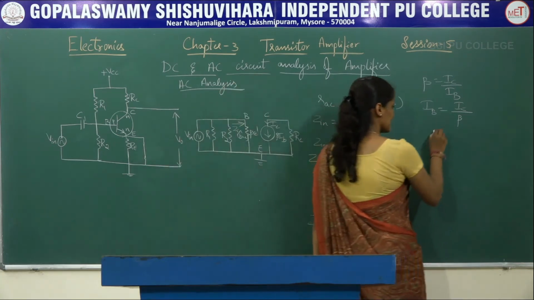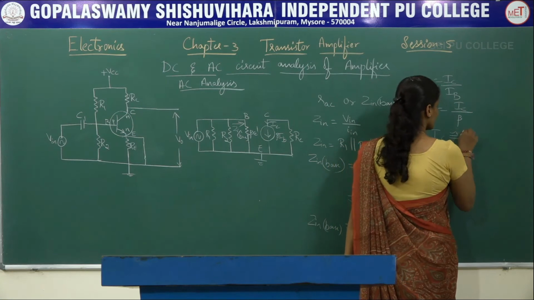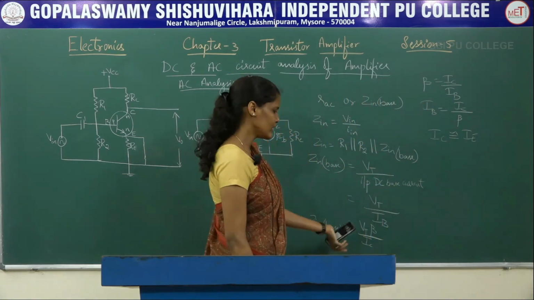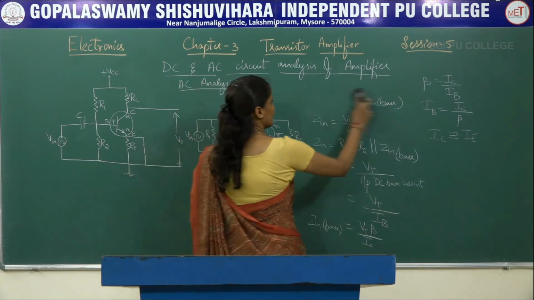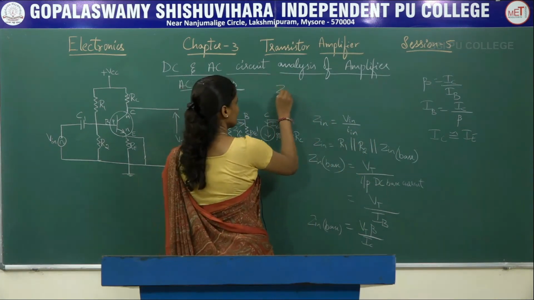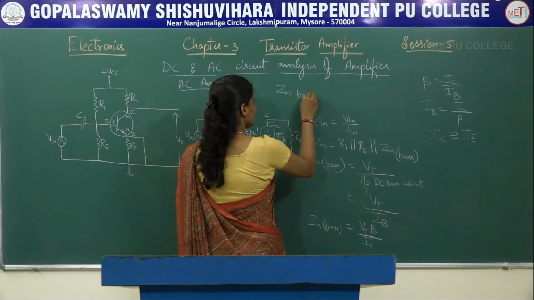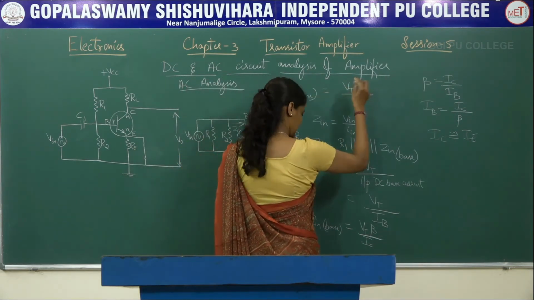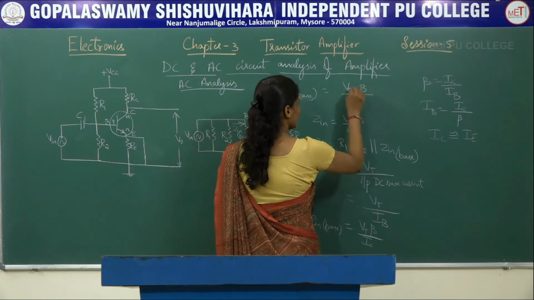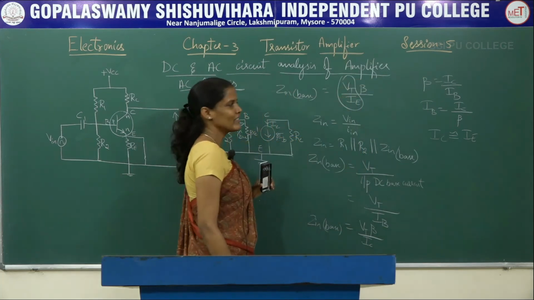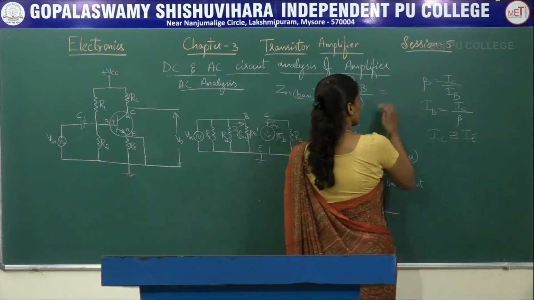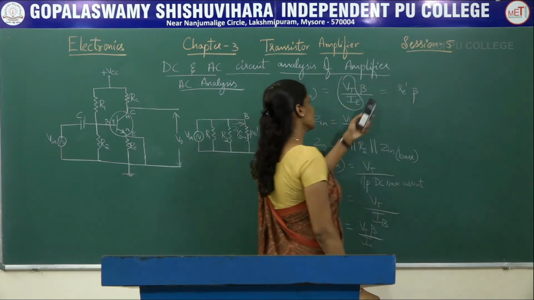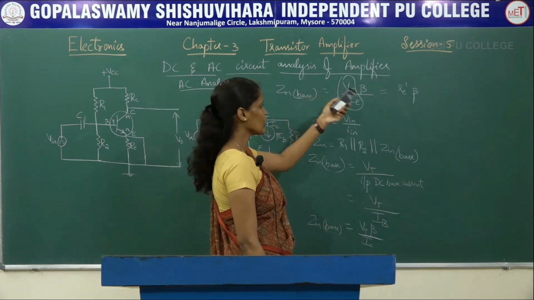But in the transistor, Ic is approximately equal to IE itself. Ic and IE values are almost the same. So Zin base can be written as Vt beta divided by IE. But this Vt divided by IE can be replaced by Re dash. So the remaining is Re dash beta.